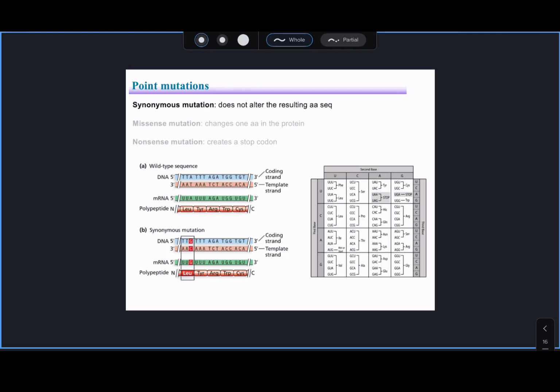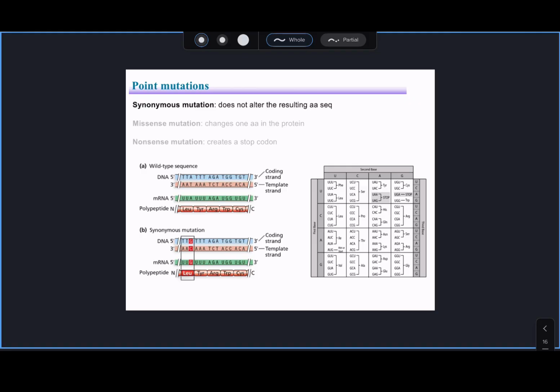So, let's talk about point mutations. Turns out that when you change one letter in the protein coding sequence of a gene, just the identity of that letter, the effect may be drastic or not, depending on where that mutation happened. So let's start with synonymous mutations.